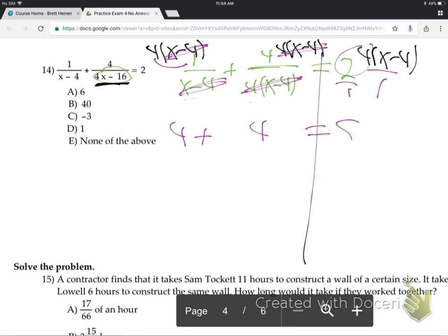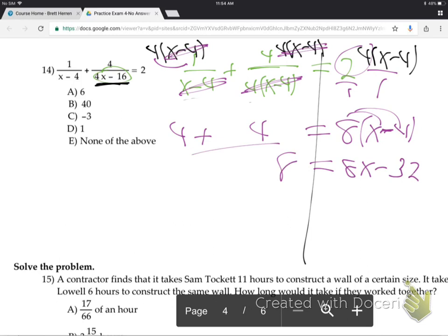It's just 2 times 4 is 8. And then the 8 distributes through the x minus 4. 8x minus 32. The other side's just 8. 4 and 4 is 8. Everybody see what happened there? Right? Just 2 times 4 made 8. And the 8 distributed through the x minus 4. 8x minus 32. Now it's just solve for x.